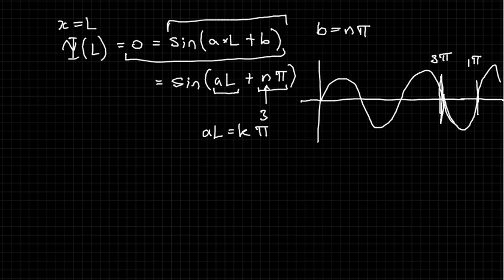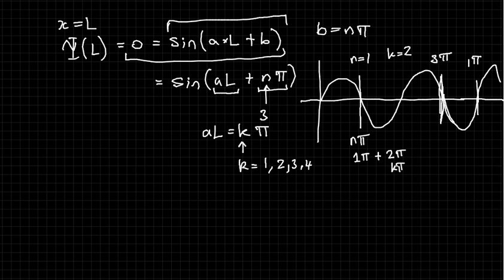So say if I've got an n value here of 3, that means that I am at this point here, so 3 pi. Now I need to have a times L to be equal to some integer of pi, so maybe 1 pi or maybe 2 pi, in order for the value of the function to go back to 0. So that's also very important.